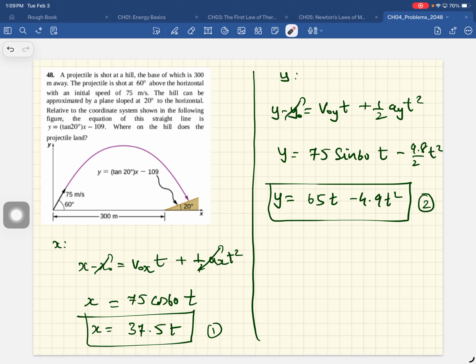So they want us to find the x and y coordinate of this. But it seems like we have 2 equations and 3 unknowns. We don't know t. So we seem to have a problem.